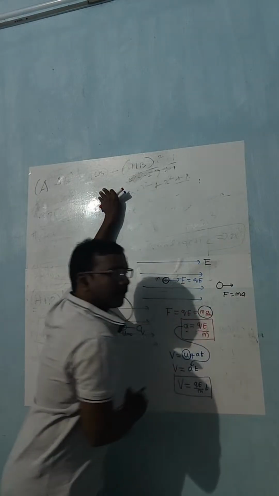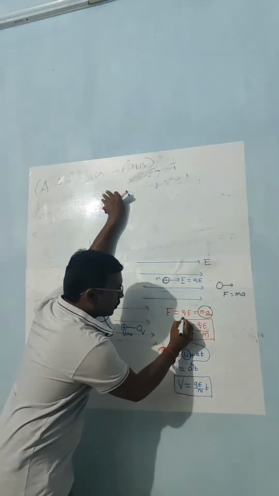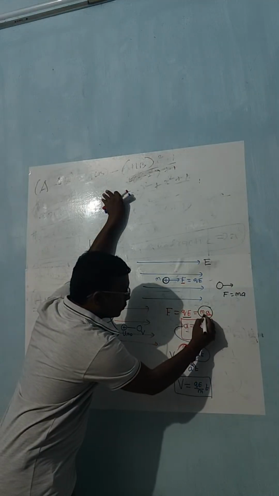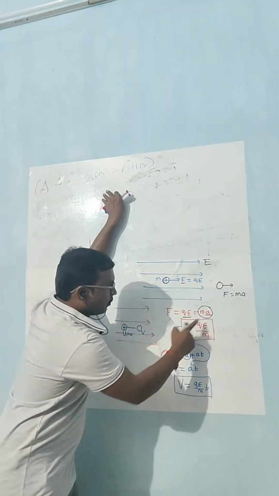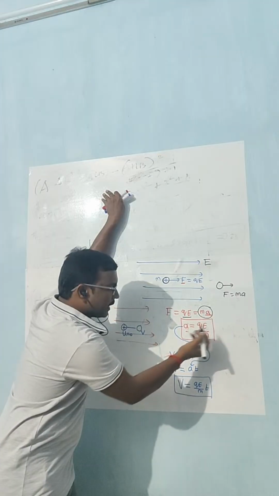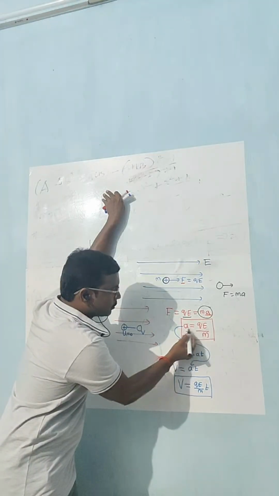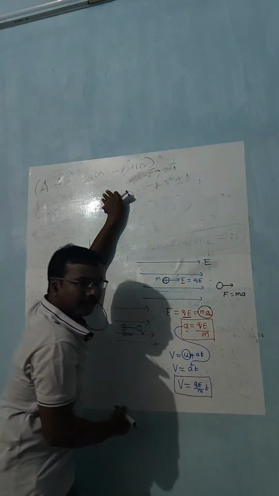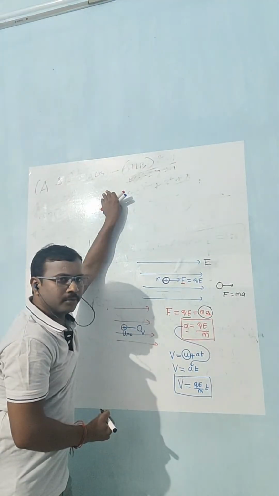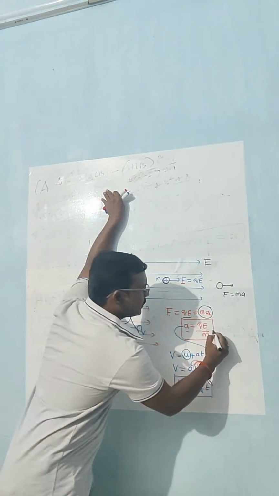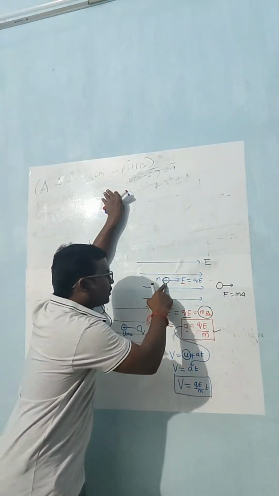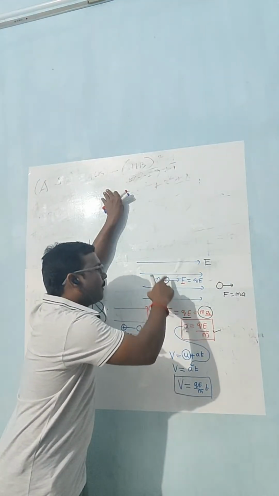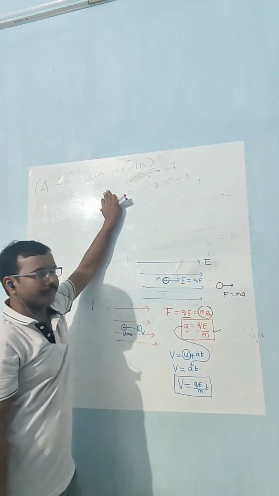This is also applicable here. F equals QE, which also equals MA. Now a is nothing but acceleration. Acceleration a equals QE by m. This is the acceleration of a charge placed inside the electric field.